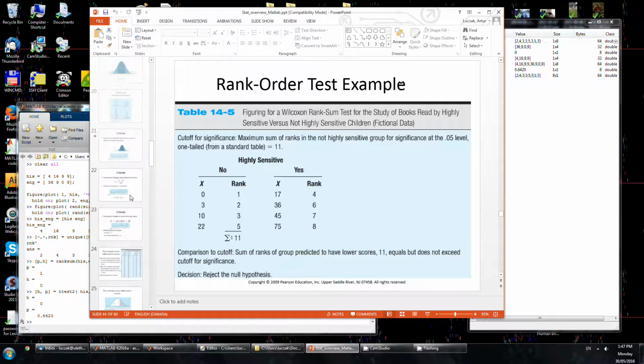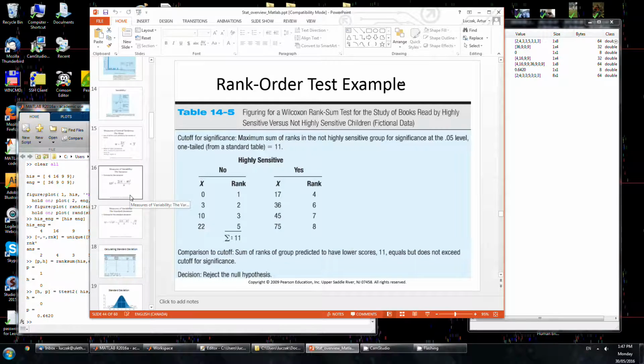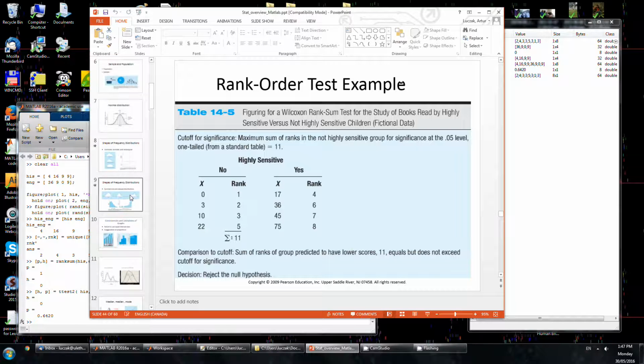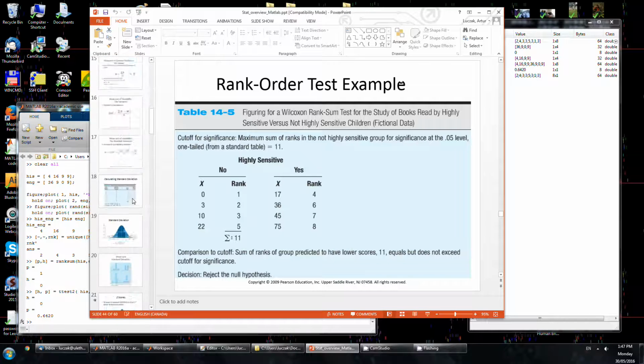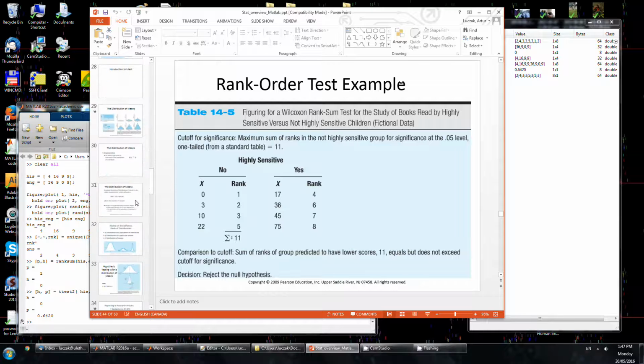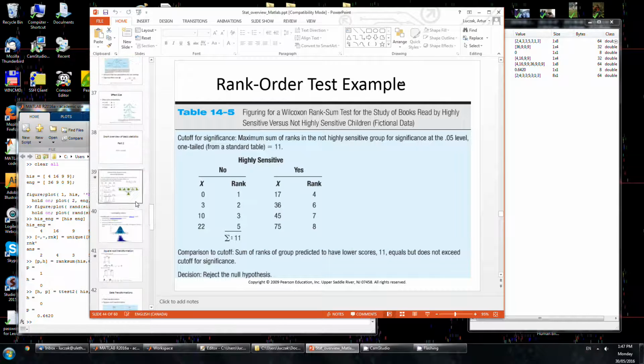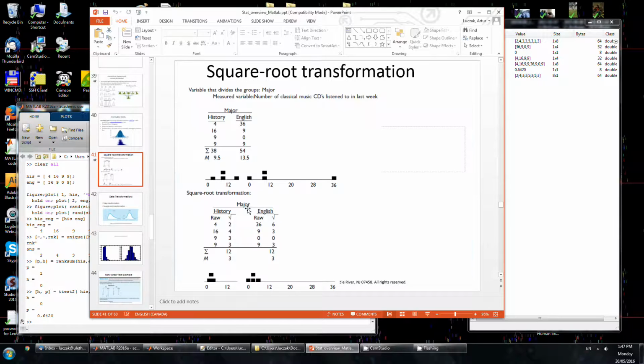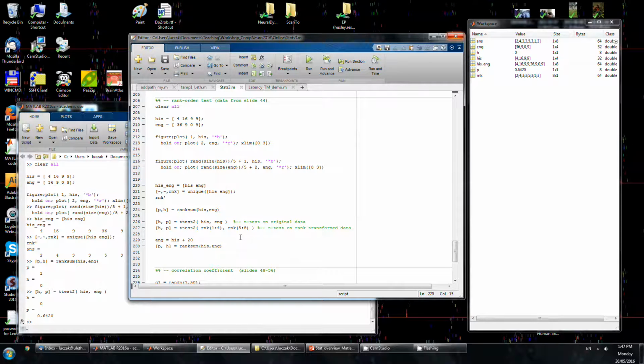And that example about those students was here. The problem here was that because of this one student with value 36, this distribution is highly skewed, so applying a t-test probably wouldn't be the best. A rank test would be better for this distribution.